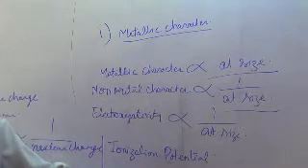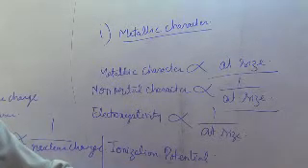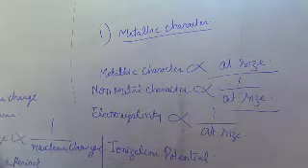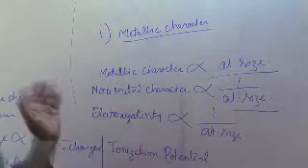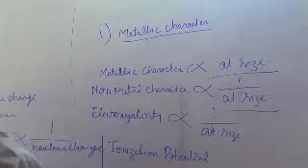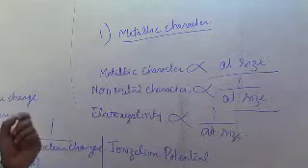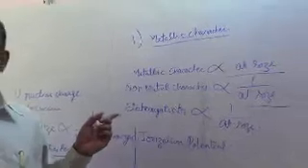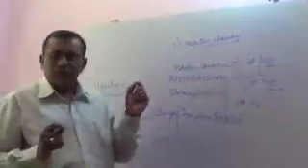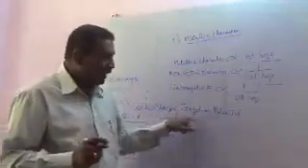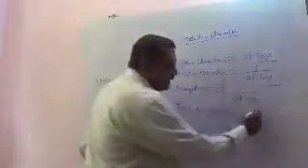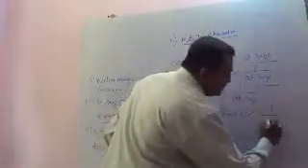Ionization potential is the amount of energy required to remove the electron from the isolated gaseous atom. It means when you remove one electron from the atom, you are making it a positive ion, so you require energy to remove. So ionization potential depends on atomic size.